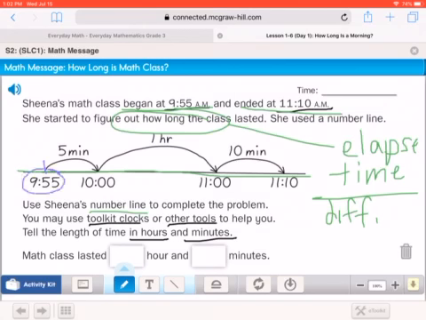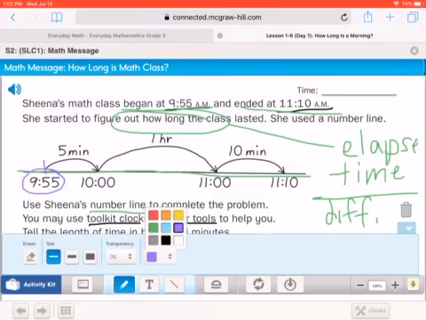Okay? Now I want you to think, what do her hops represent? Okay, and when I mean hops, I mean the space underneath her arrows. I might call them jumps, I might call them hops, but I'm talking about that. What does that represent in this problem? Okay, if you thought that was the time passing, you are correct. Okay, so what does she write above the hops?